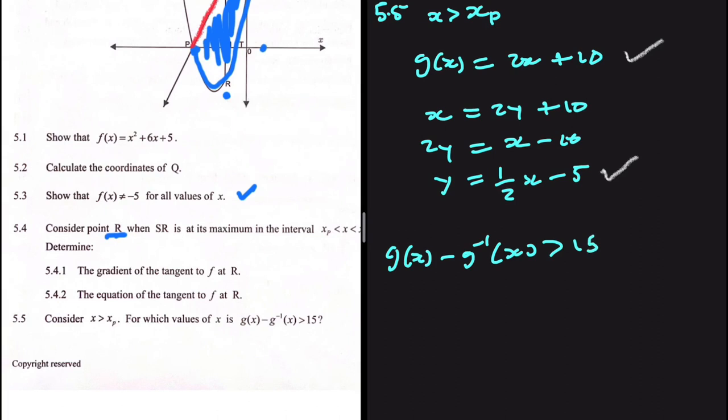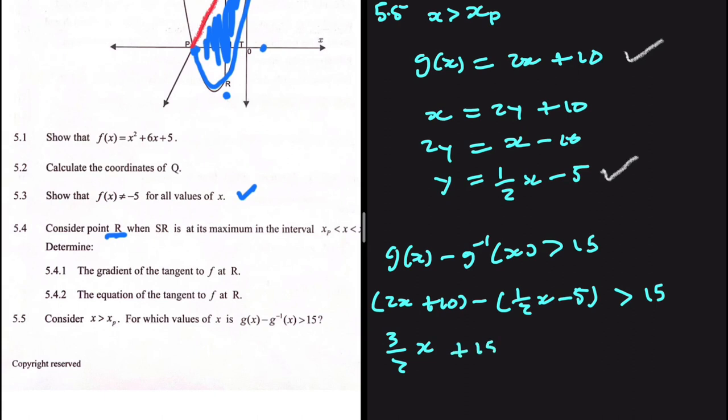Let's go ahead and substitute. We're going to have 2x plus 10 minus a half x minus 5 being greater than 15. So 2x minus a half x will be 3 divided by 2x, and then 10 plus 5 will be plus 15, being greater than 15.